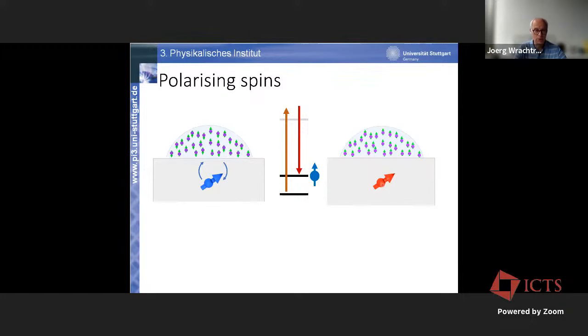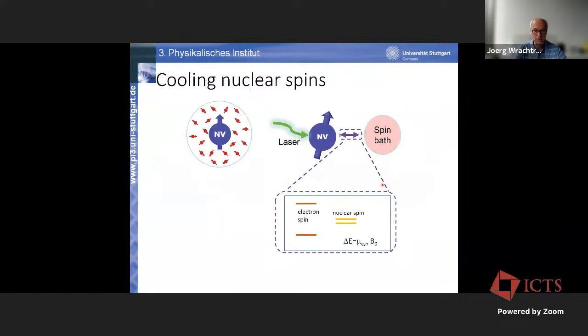Let me just show you an experimental result. Okay, so how are you doing the experiment? How do you efficiently generate this heat transfer or entropy transfer between electron and nuclear spin? Well, the one thing standing in your way is that the electron spin and the nuclear spin are living on different energy scales, right?